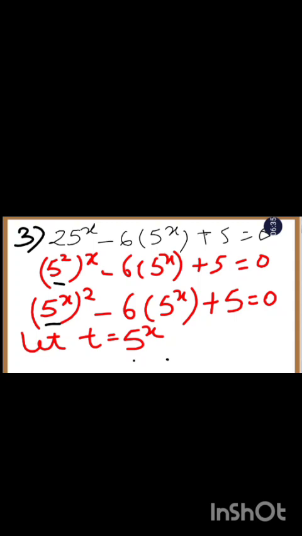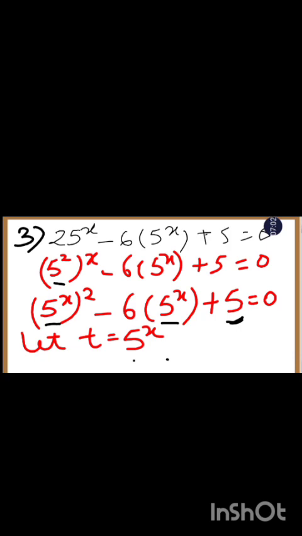You see, it will now be a quadratic equation with variable 5 raised to the power x, as you can see here. This 5 is the constant term. To solve this quadratic, we can reduce it.